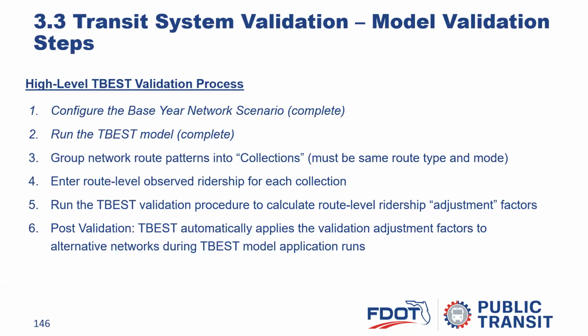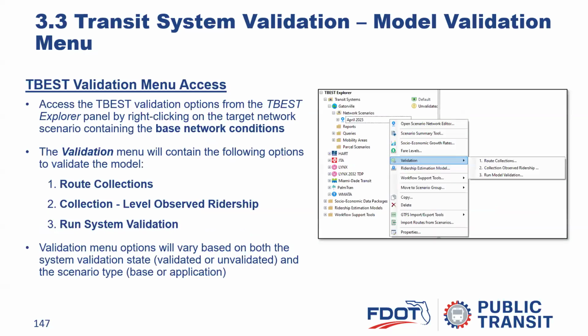All right. And then after the validation, you can actually see the adjustment factors at the route level and evaluate them. Okay, so the validation access menu is relative to a scenario, right? So in this case, we're looking at the April 2025 TBEST scenario.